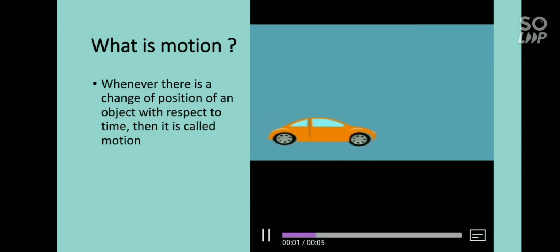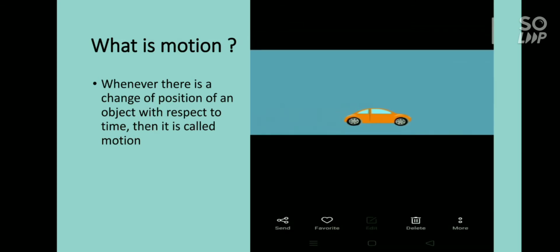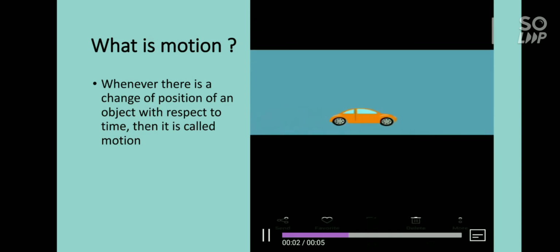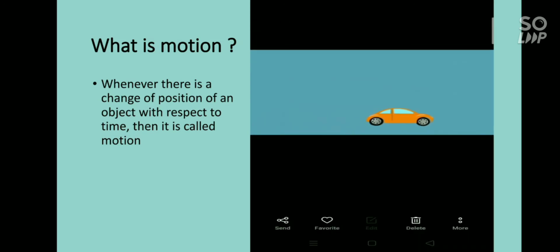The car is moving with respect to time. It is changing its position from this end to that end with respect to time. So we say this car is in motion. So what is motion? Whenever there is a change of position of an object with respect to time, then it is called motion.